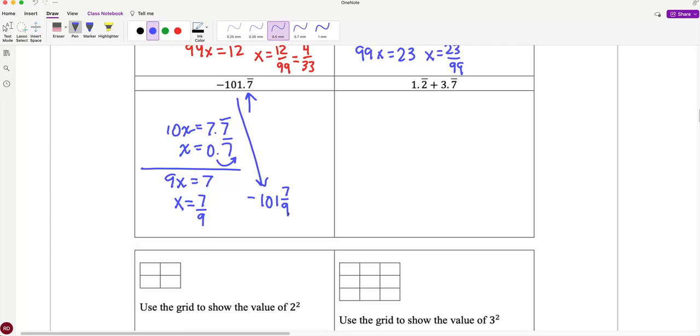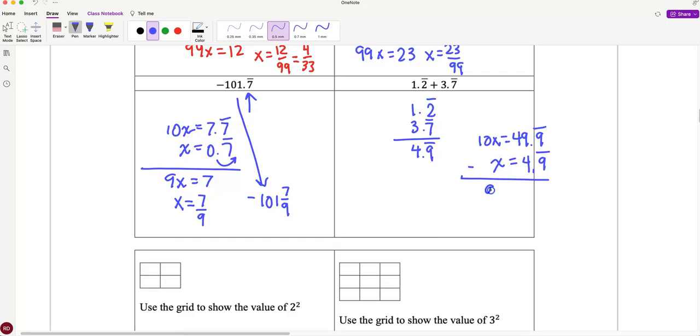If I add these numbers together, 1.2 repeat, 3.7 repeat, this is 4.9 repeat. So if x is equal to 4.9 repeat, 10x is 49.9 repeat.